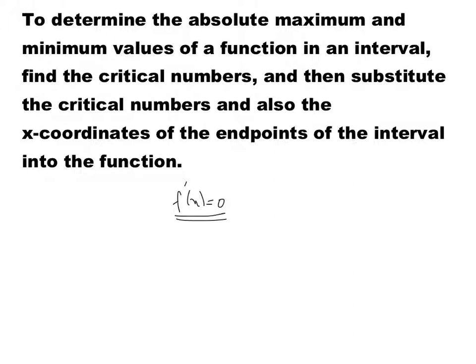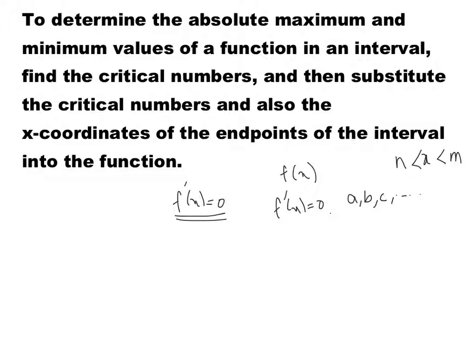So this means that if a function f of x is given and we have to find the absolute maximum and minimum, we have to find f prime of x and make it equal to 0. Let's assume that you get a, b, c. These are the roots of f prime equal to 0. And let's assume that the domain here is x between, let's say, m and n.